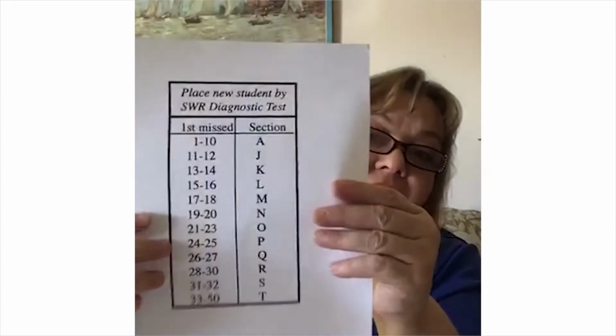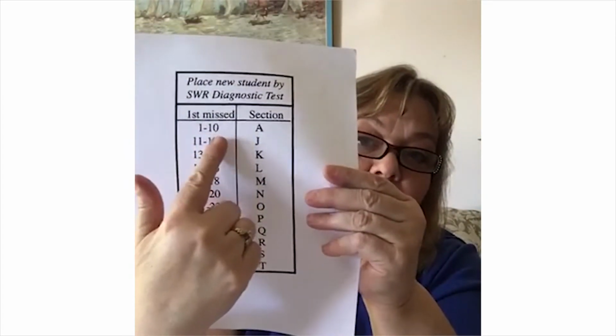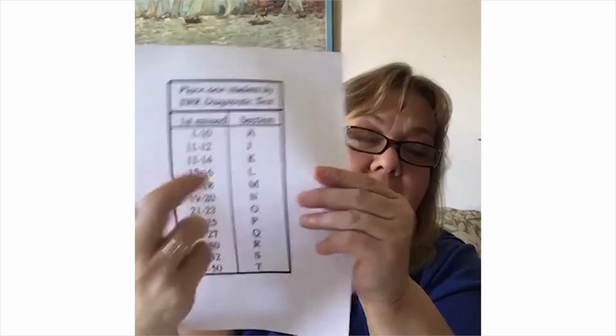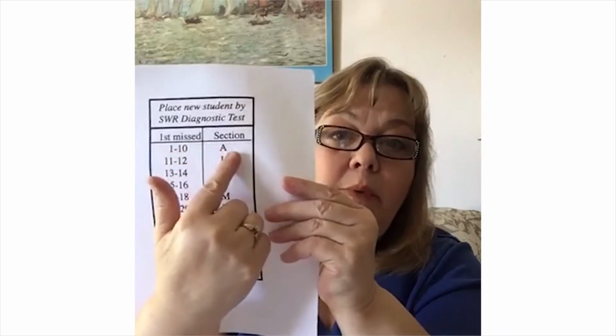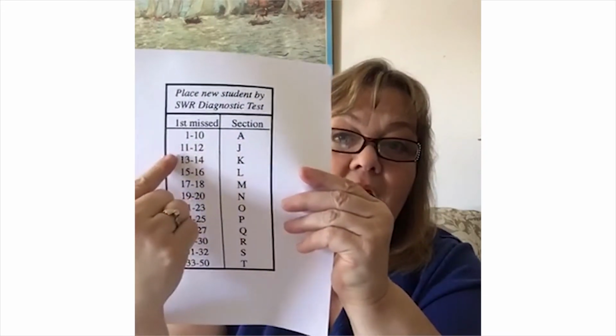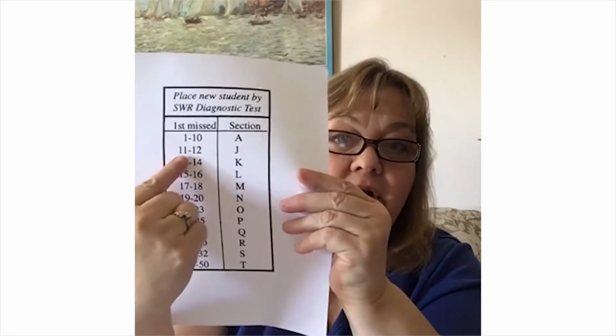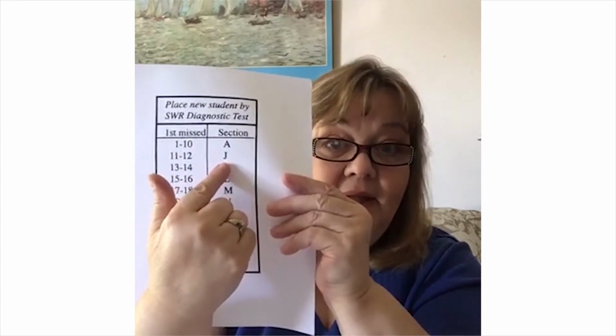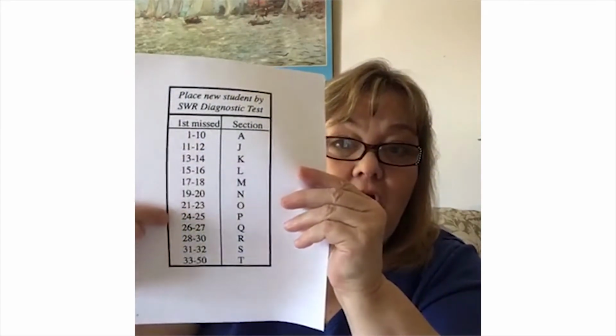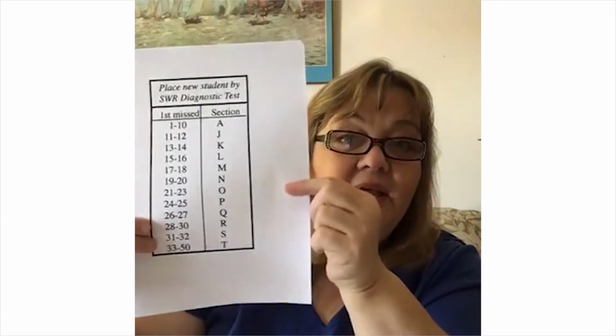All right. If the student misses words number 1 through 10, if the student's first error is there, we would typically start at A. If the first error is word number 11 or 12, then we would start at J. And so this little chart, again, is on page 65 in Spell to Write and Read.